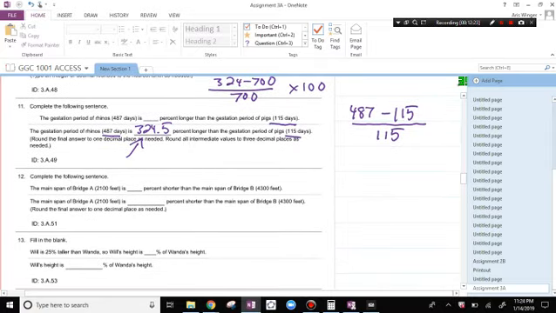The main span of a bridge is blank percent shorter than the main span of bridge B. So we're comparing bridge A to bridge B, and so we're talking about 4,300. So this is the reference number.